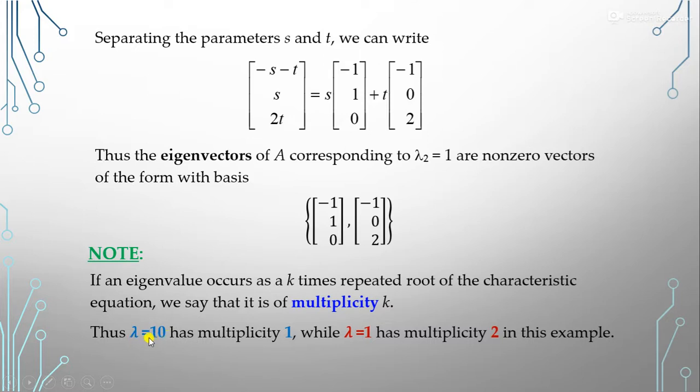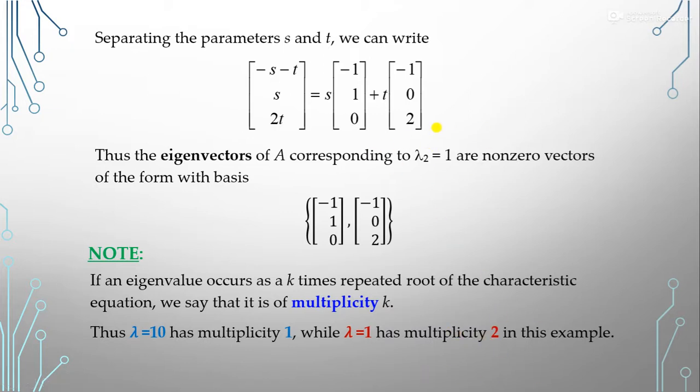The eigenvalue at lambda equal to 10 has multiplicity 1, because we get one eigenvalue at lambda equal to 10, and at lambda equal to 1 we get two values of 1. It means that the multiplicity of lambda equal to 1 is 2, right?